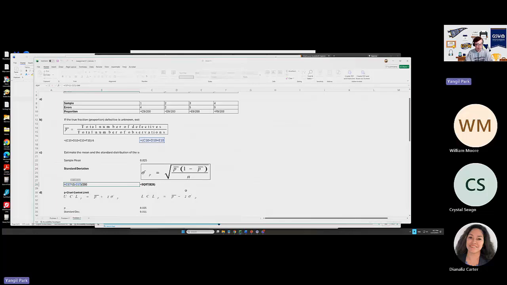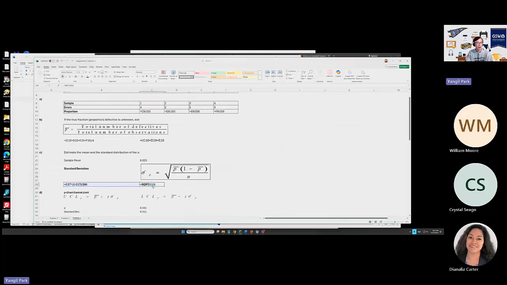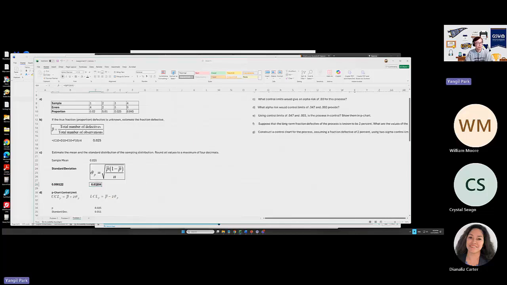I just separate it into inside of those square root. Then afterwards, I just use the Excel function, which is sqrt, so that I can have a square root over whatever I just found from B28. So that's having two different steps, better than having one step for this formula.